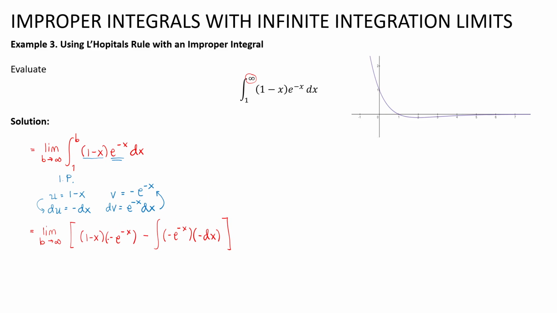So if we're going to simplify things here, this is going to be the limit of b approaches infinity. Trying to distribute here, this gives us negative e raised to negative x, and then negative x times negative e raised to negative x. This will give us positive x e raised to negative x. And then triple minus, minus, minus, and then minus.